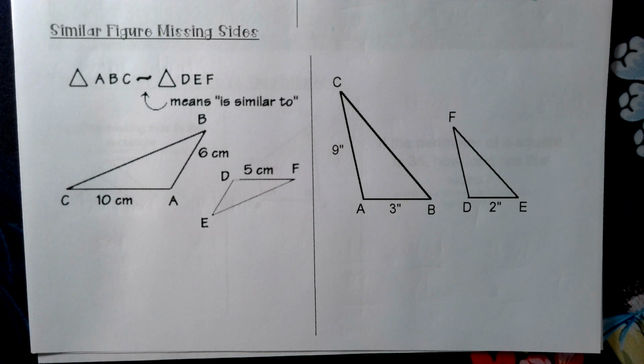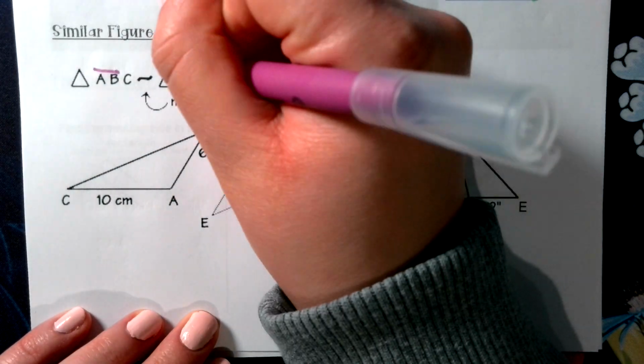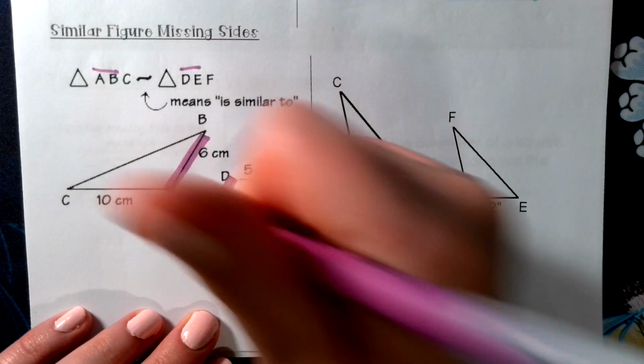So first, as always, we need to figure out what side lengths correspond with each other. So go ahead and get out those highlighters if you have them. I see that AB is going to correspond with DE because they both come first. AB, DE, they go together.